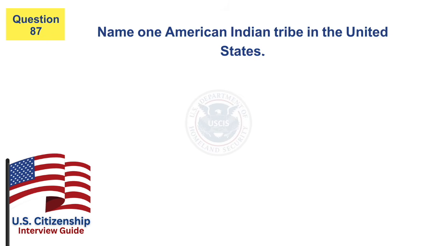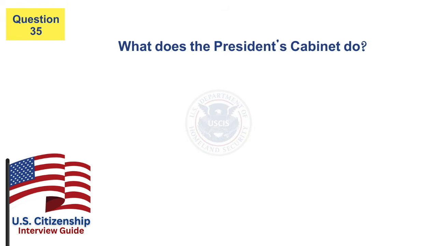Name one American Indian tribe in the United States. Cherokee. What does the President's cabinet do? Advises the President.